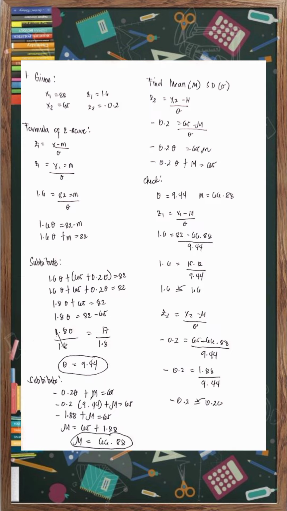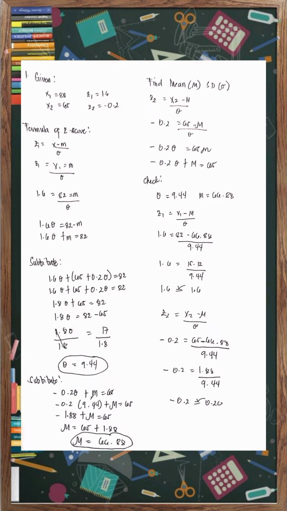So, ito yung gagamitin natin: Z1 equals X1 minus M over standard deviation. So, 1.6 equals 82 minus 66.88 over 9.44. So, magiging ganito po siya: 1.6 equals 15.12 over 9.44, kung saan ang sagot ng 82 minus 66.88 ay 15.12.